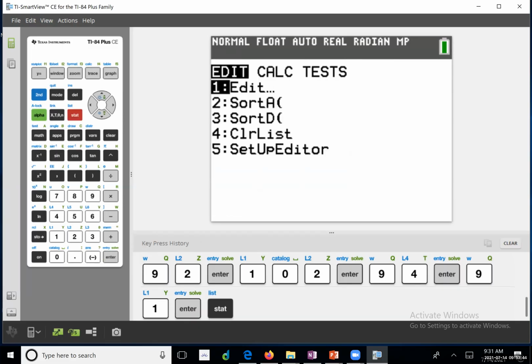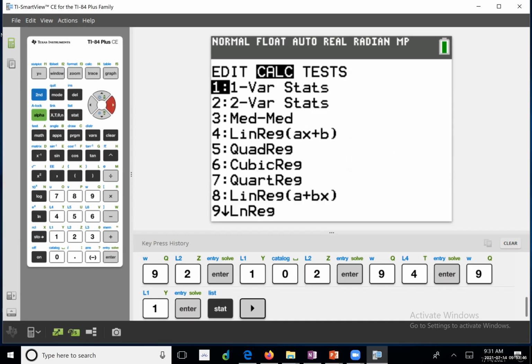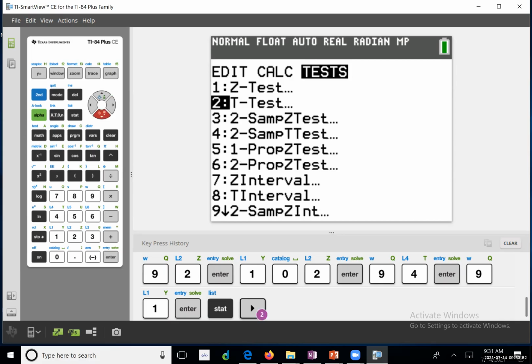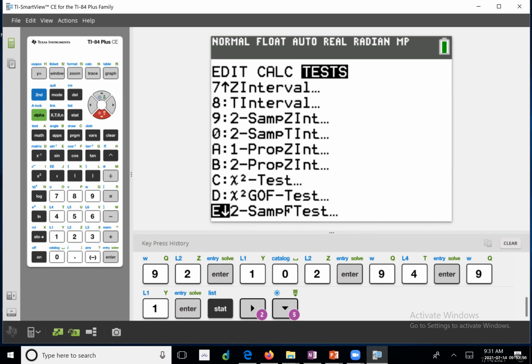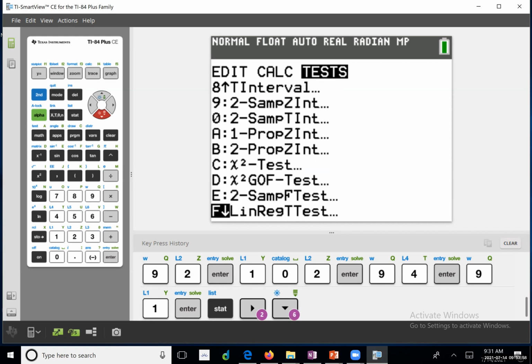You go to stat, you go to test. If you remember earlier in the semester, we used linear regression. Now go to test and find the linear regression t-test. Before that, I like to look at the graphing with you. So we're gonna use the testing here.